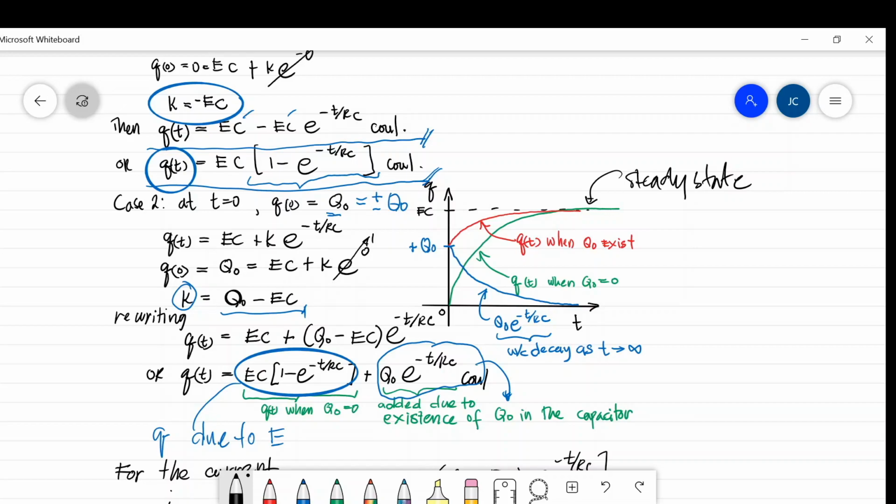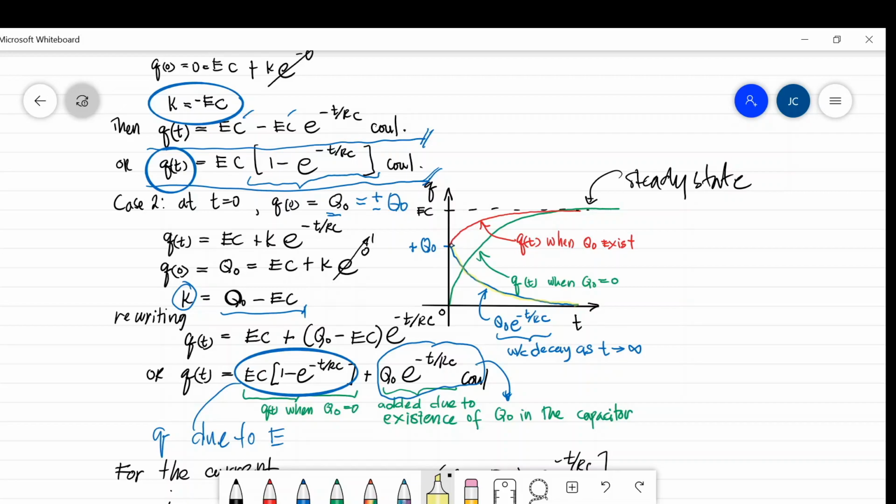While with the existence of Q sub O, let us consider it to be positive, this Q sub O decays as the time elapses.